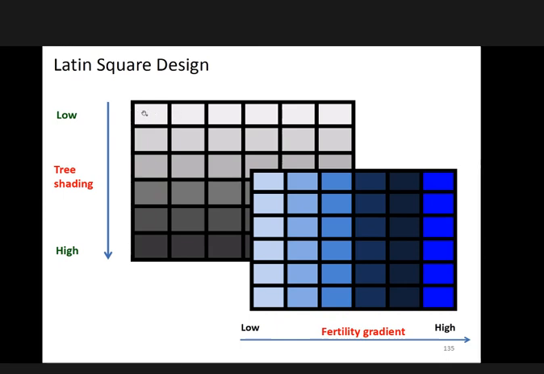Now this would be low tree shading and then low fertility, because the plot here will have low shading and low fertility, while the plot down here will have high shading and high fertility. So you have these combinations here. Let me first try to answer some calls here.